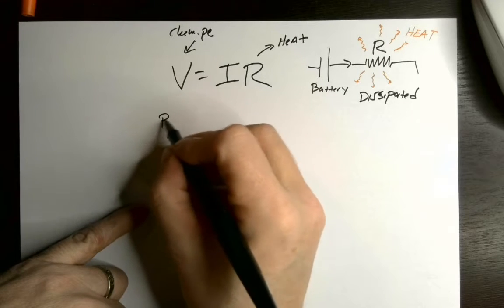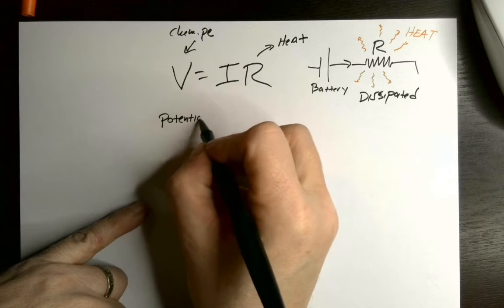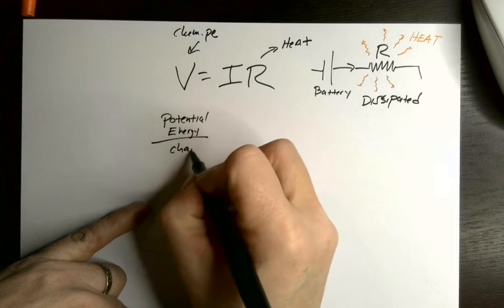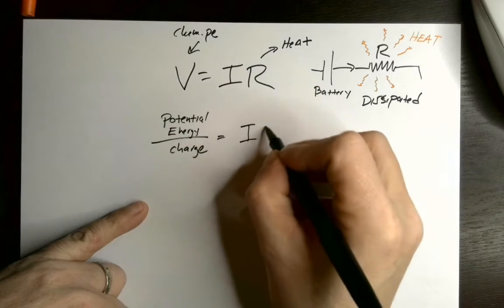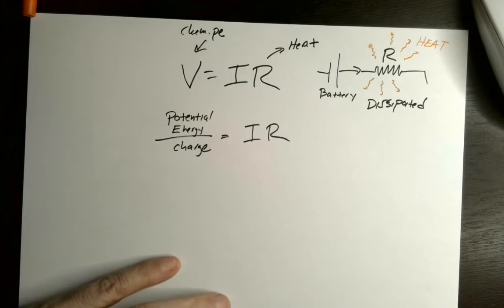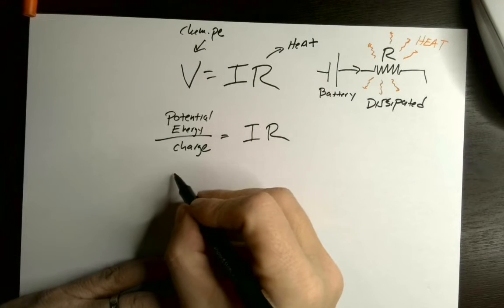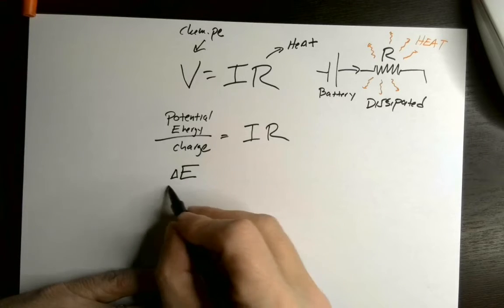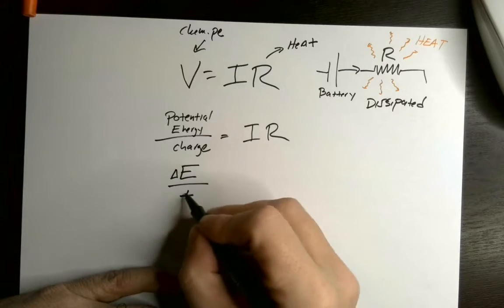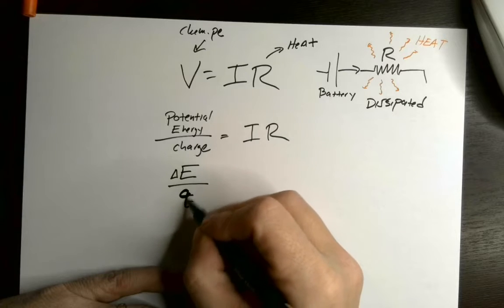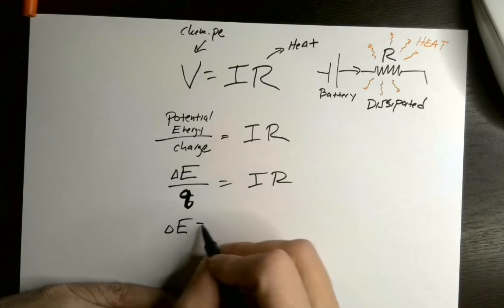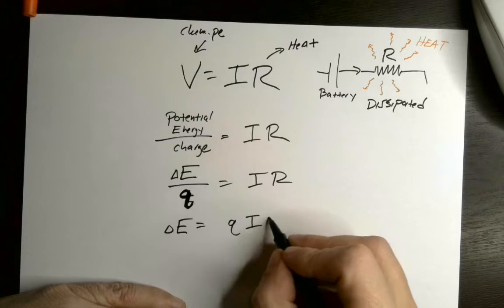Remember, voltage is potential energy per unit charge. And so if we write that just delta E, how much does the energy of the battery change per charge flowing through the circuit? That's equal to IR, so the change in potential energy of the battery is QIR every time a charge leaves the battery.